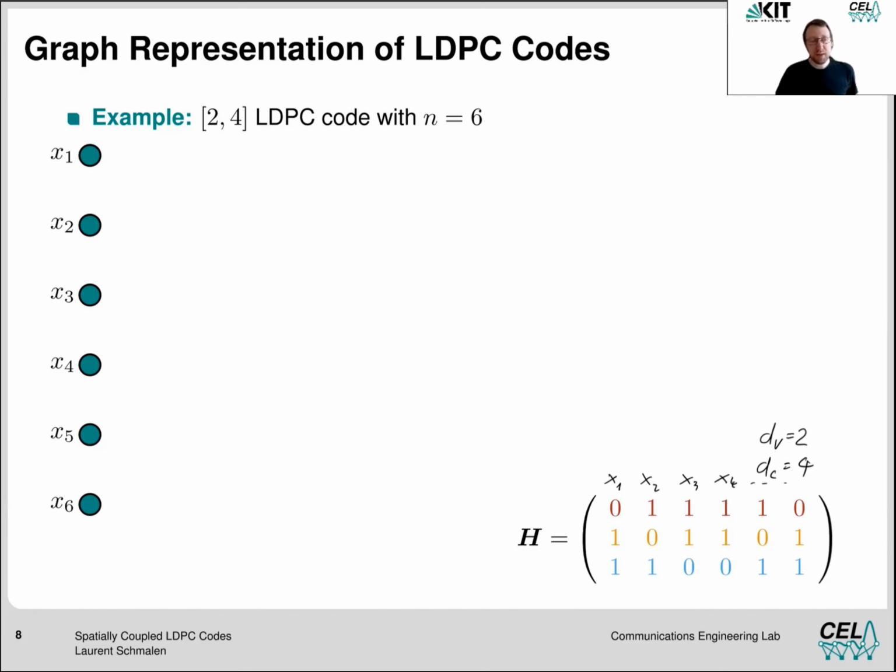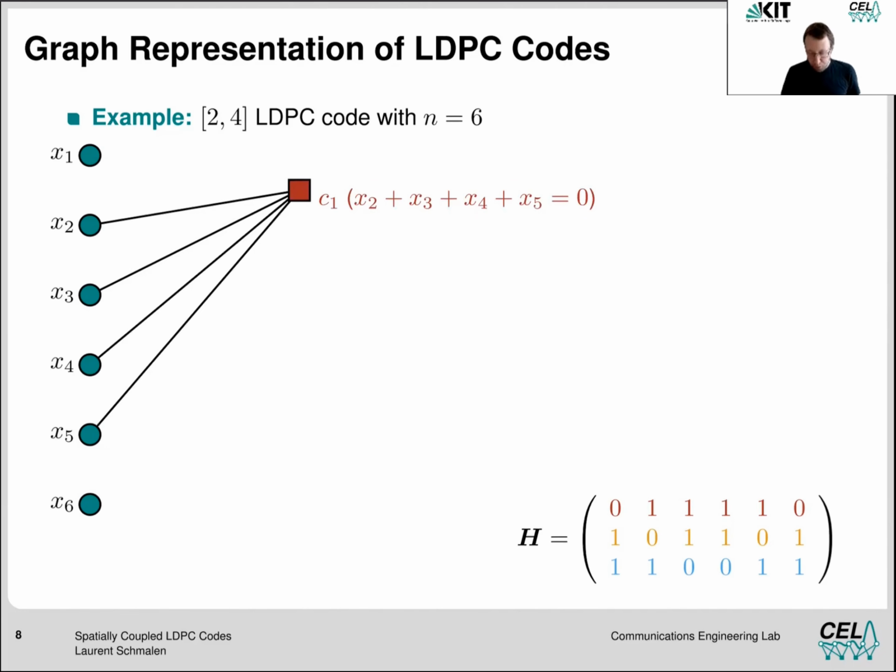And then we generate the graph by looking at each row of the matrix. So we're looking at the first row of the matrix, and the first row essentially gives us an equation saying that x2 plus x3 plus x4 plus x5 must be equal to 0.